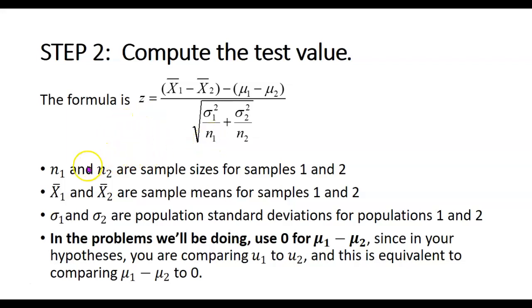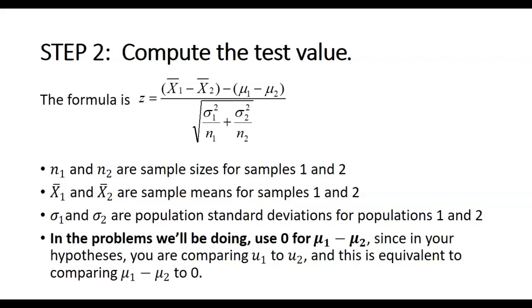So in this formula, those two different n's, n1 and n2, stand for the sample sizes for your two samples. You're comparing two different populations, so you need a sample from each population. So you are working with two different samples, and they can be different sizes.